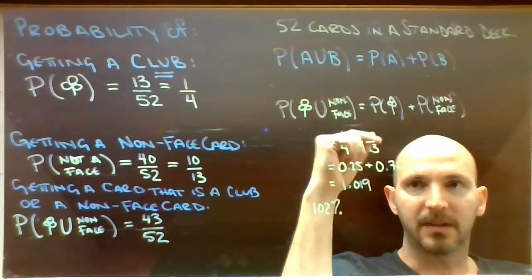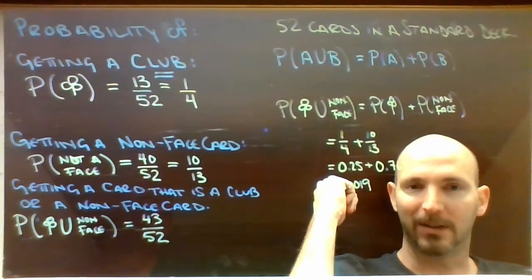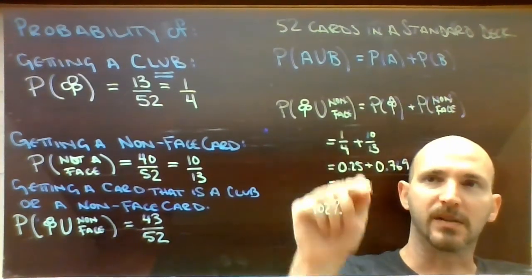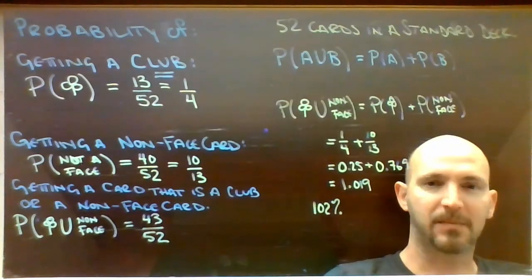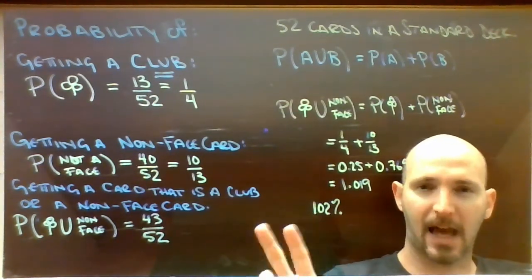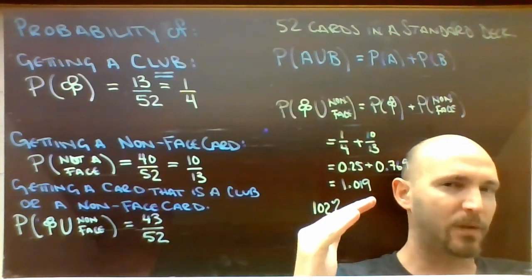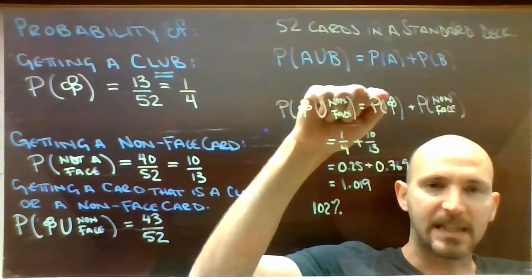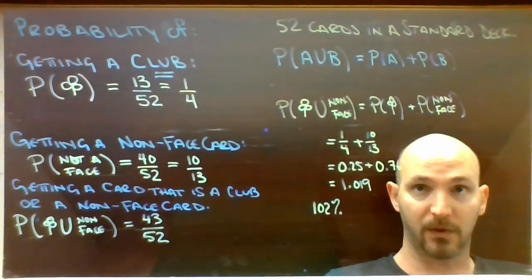The probability of being a non-face card also included the ace through 10 of clubs. So those cards were counted in this pile, and they were counted in this pile. Just like the letters that happen to land in both exaggeration and quasimorphism, there are some that land in both sets. So if you just add them together, then you end up double counting a number of your data points.